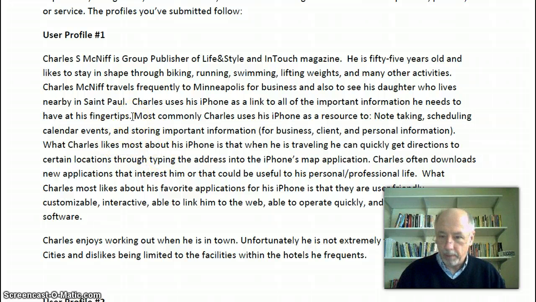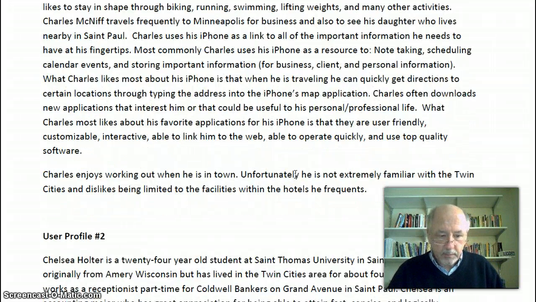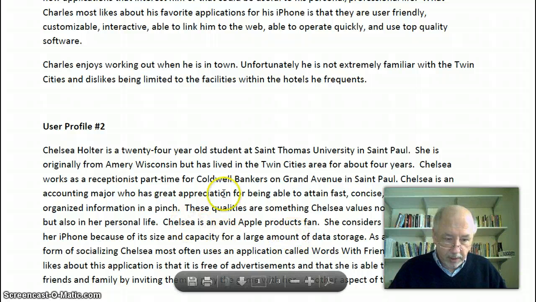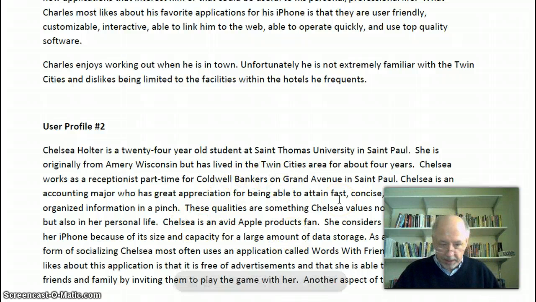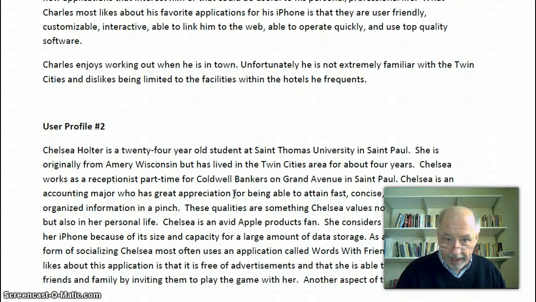This is a profile for an app that the student was developing that helps people locate exercise spots, recreational places where someone could go to work out, for example. User profile 2, Chelsea Holters, 24-year-old student at St. Thomas. So here we have someone else, another user of the app, but a different demographic.